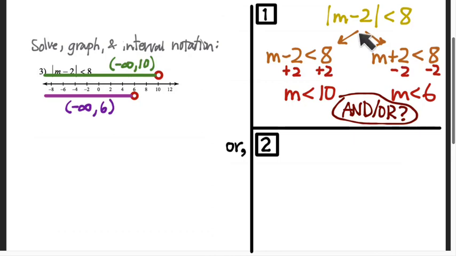On the one hand, this approach to the solution takes the m minus 2 and trades it out for an m plus 2, and it leaves the other side intact. Your suggestion is, instead of switching something on the left side of this inequality, why don't we switch something on the right side? So instead of m plus 2 is less than 8, in your method, you're saying, let's leave this as a minus, but change this 8 into a negative 8. That would change our method of solution here, because then I'd be adding 2 to both sides.